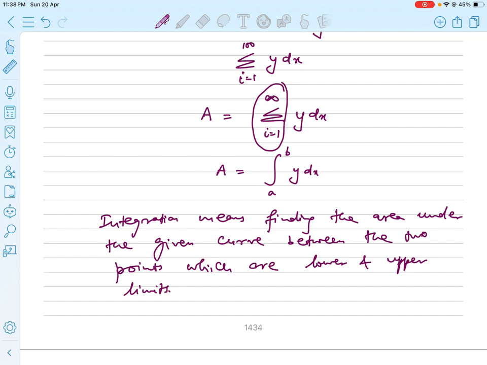So this is how we can understand the meaning of integration. Now let us try to understand one more thing.